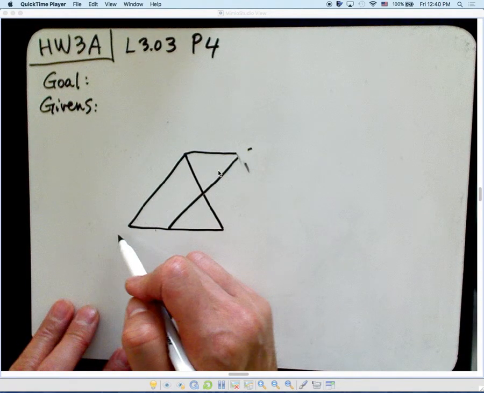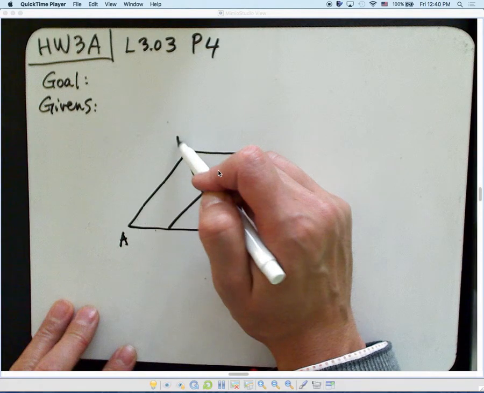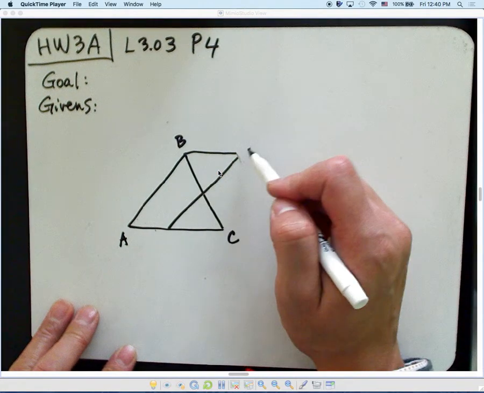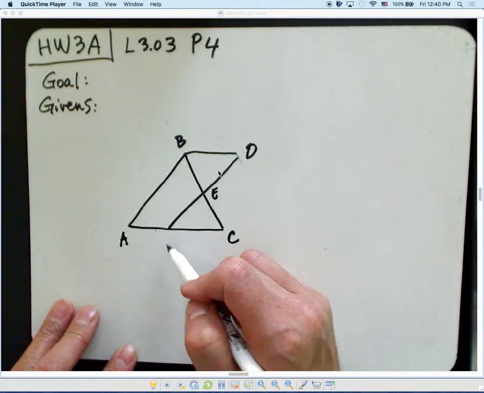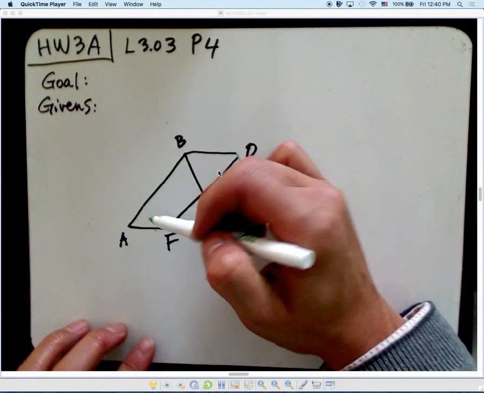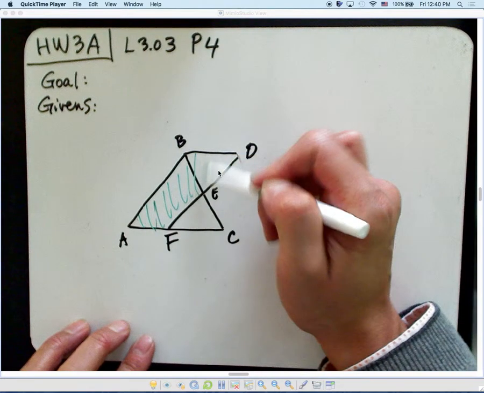You have A, B, C here, and you should have D, E, F. Okay? So that's the picture. It goes like this.